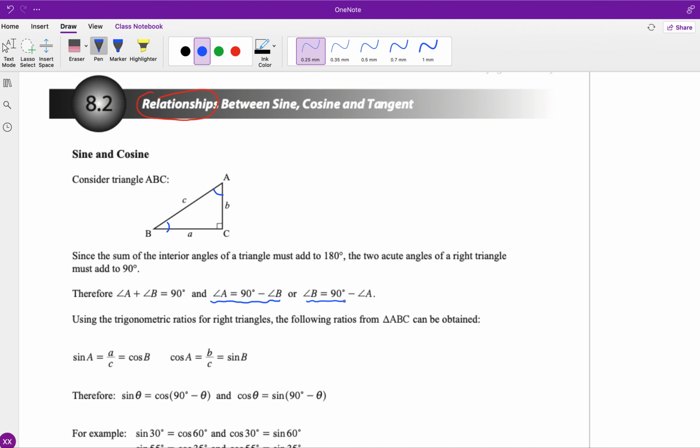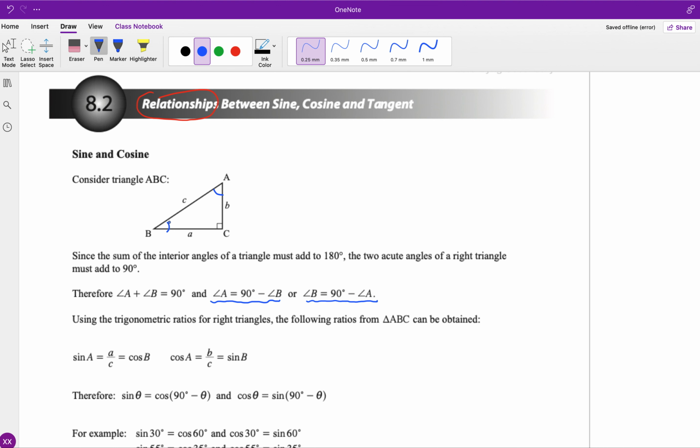All right. Now let's take a look at the relationship between sine and cosine, and there's a very interesting relationship. Sine A, in reference to angle A, the opposite side is a, the hypotenuse is c, so that's a over c. Now that also equals cosine B. Why?